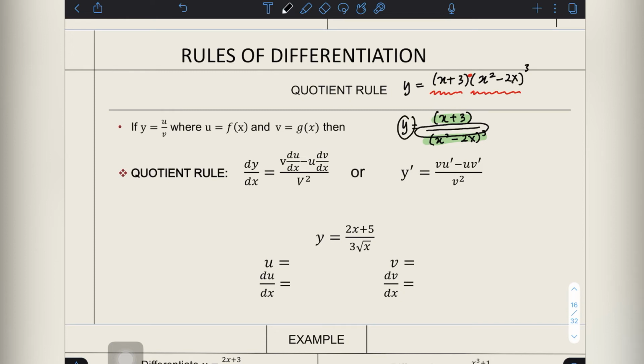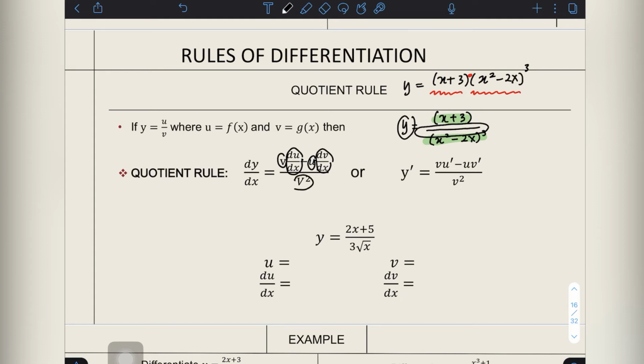Similar to the product rule, the quotient rule also has its own formula. To find the derivative by using the quotient rule, we need to use the formula: v multiplied by du/dx minus u multiplied by dv/dx, divided by v to the power of 2.